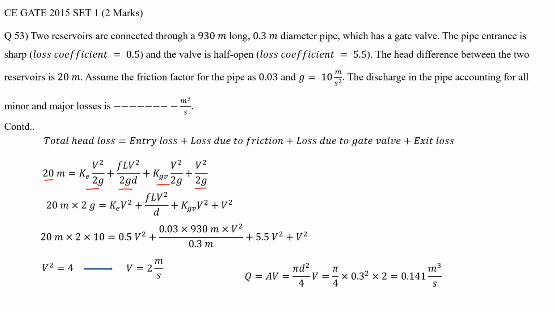Since in all the terms 2g is common, we can take it to this side. One hint or suggestion I want to give is to remember the value of 2 into g, which is 2 into 9.81, which is how much? 19.62.